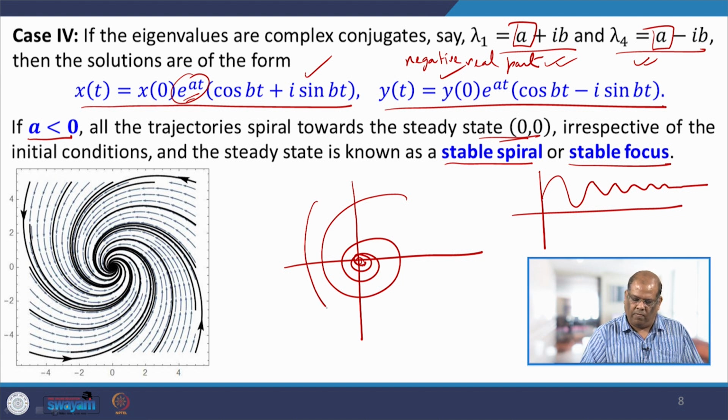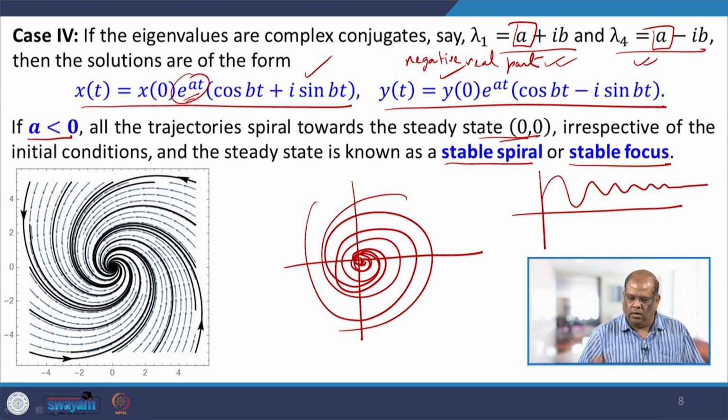I can take another point here and do like this, and another point here and do like this, and I get what is called a stable spiral. As usual, the arrow is important. You are moving towards the origin, towards the origin. So, this will be a stable focus or a stable spiral.